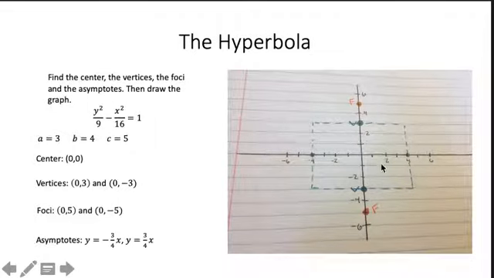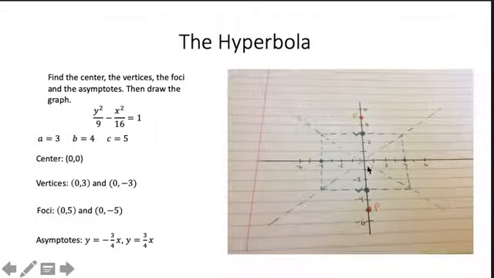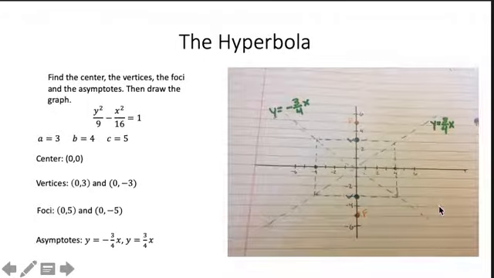And the reason I do that is it helps me to draw the asymptotes. So these dotted lines here, they're not part of my graph, but those are the asymptotes. So remember the asymptotes are y equals 3/4 x and y equals -3/4 x. So here's the asymptote that has a negative slope, and here's the asymptote that has a positive slope.